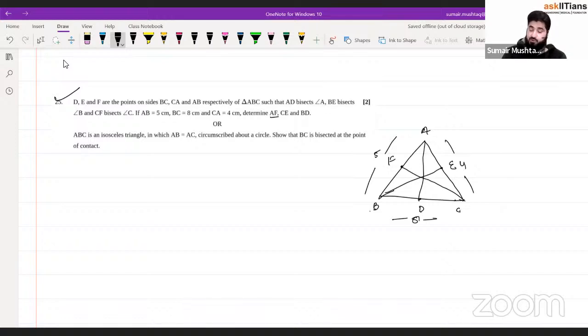I have told you in the beginning how to proceed for the question if the angle bisectors are given. Come on, tell me how to do it.